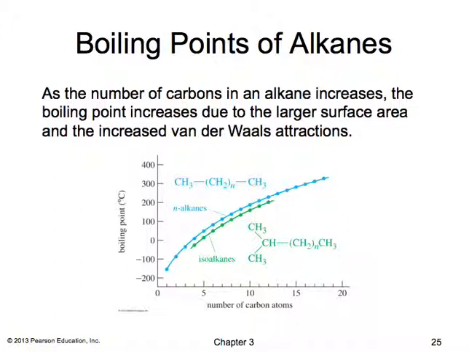Boiling points of alkanes. As the number of carbons of the alkanes increases, the boiling point increases due to the larger surface area and increased van der Waals attractions. And shown here is the trend that as you're increasing the number of carbon atoms, you're increasing the boiling point. Same goes with isoalkanes.